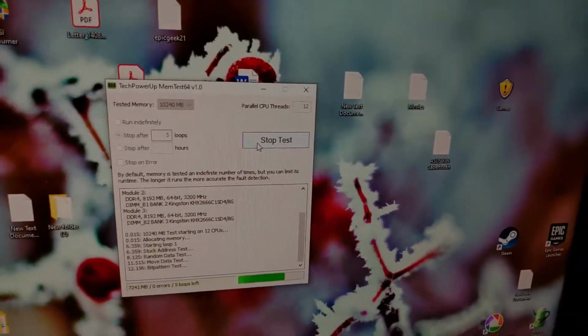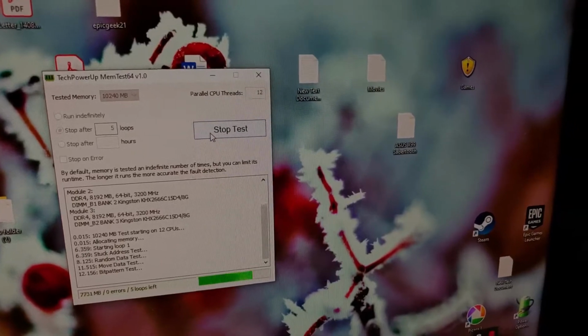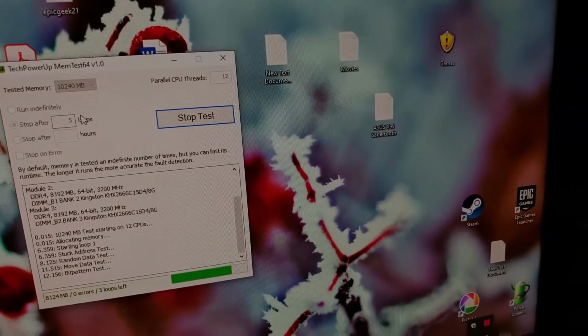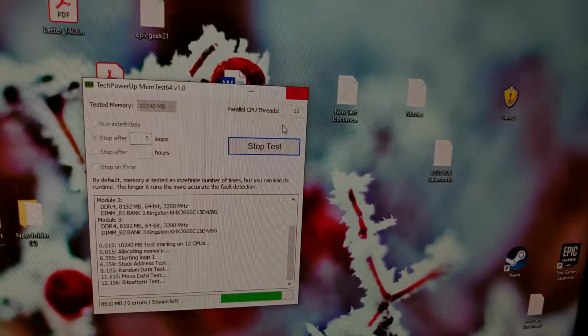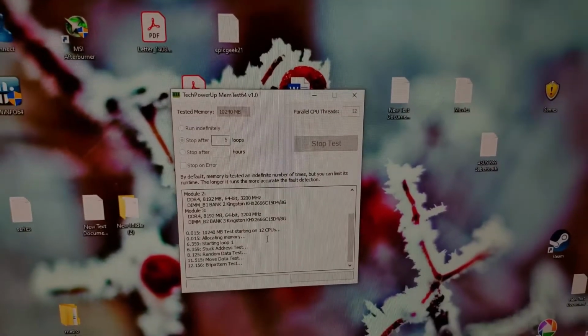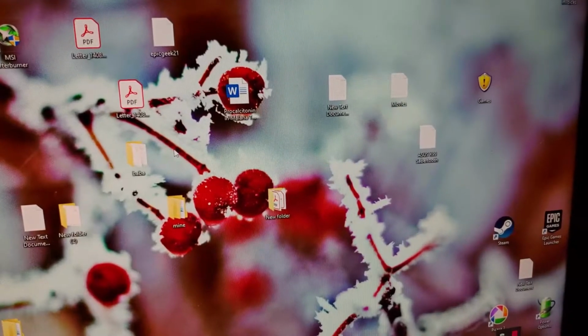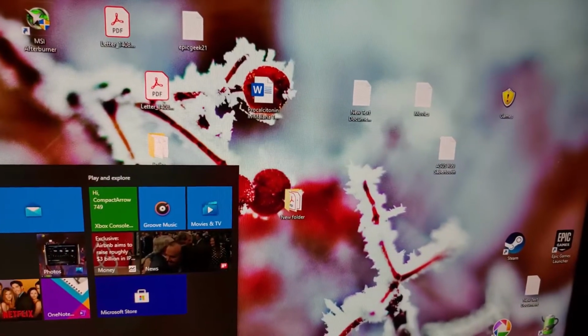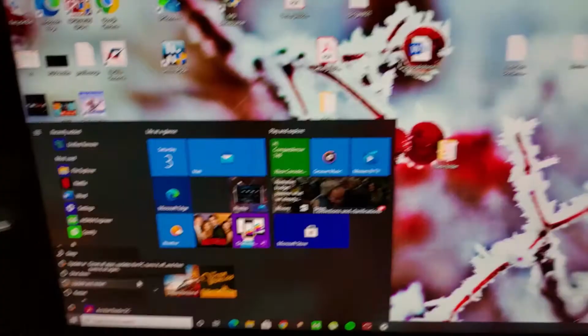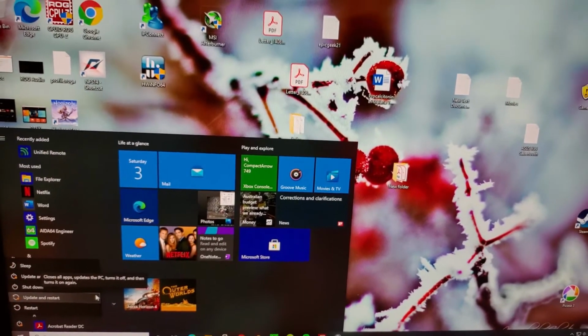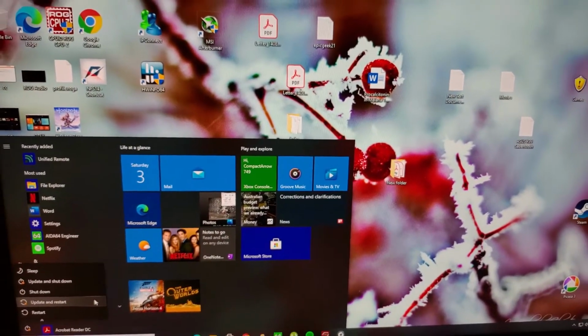It will run for a while and you can specify the number of loops. So that's it. Here's how you are going to set the voltages. Once you have done that, I'm going to restart and go to BIOS and show it to you again.